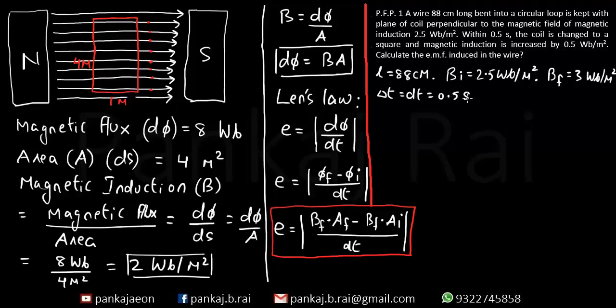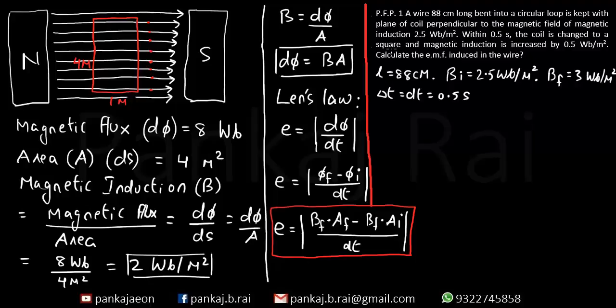Now the major thing here is that the induction is changing. As you can see, the initial induction is 2.5 and the final induction is 3, so obviously there is a change in induction, and a time duration dt is given. Also we can see that initially the 88 centimeter long wire was in the form of a circle and now it is in the form of a square, so obviously its area might change.